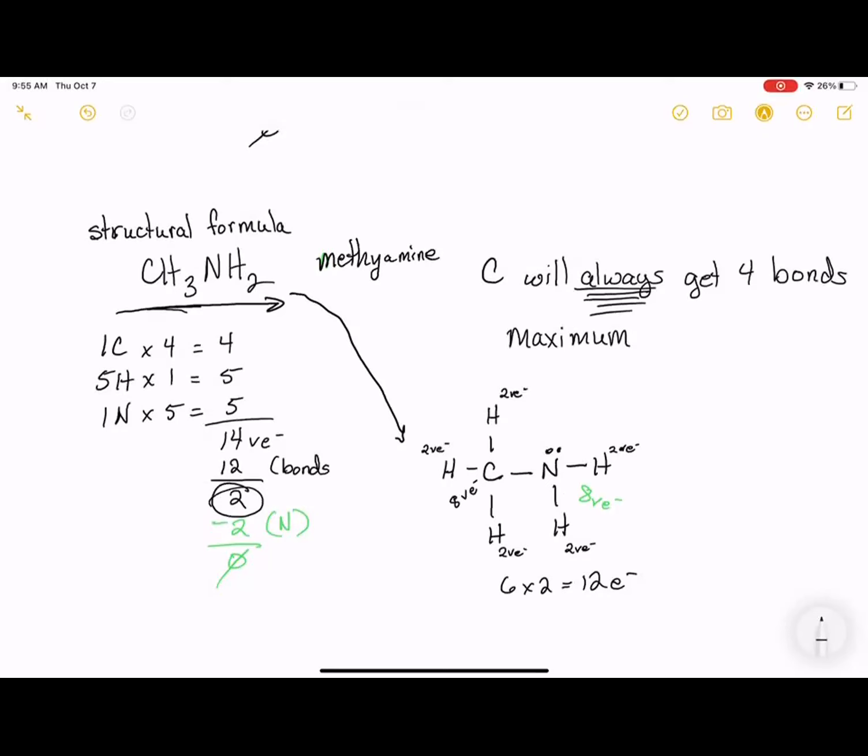I want to point something out to you. If you flip to page 3 of the document I gave you yesterday, you will see a periodic table that tells you the preferred number of bonds for each element.